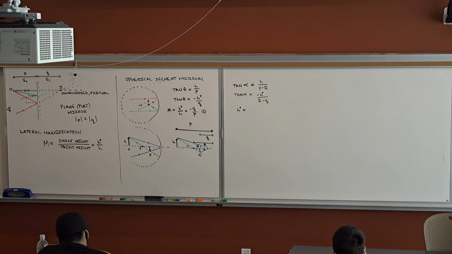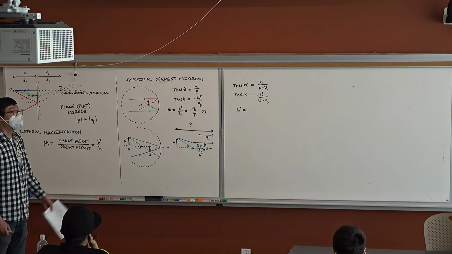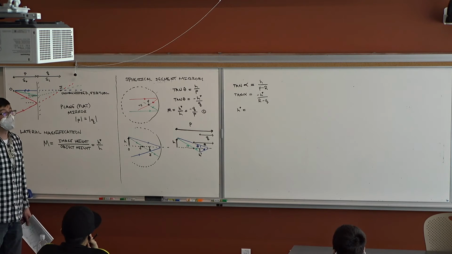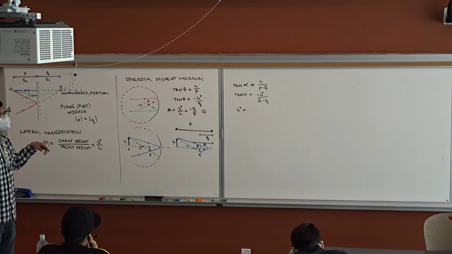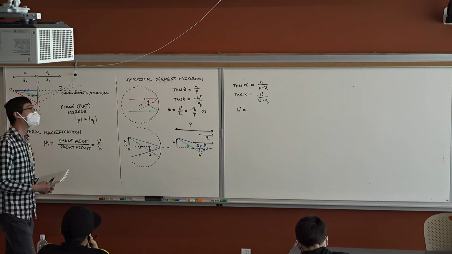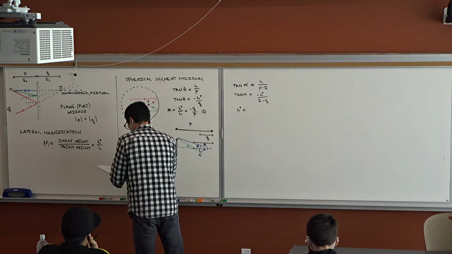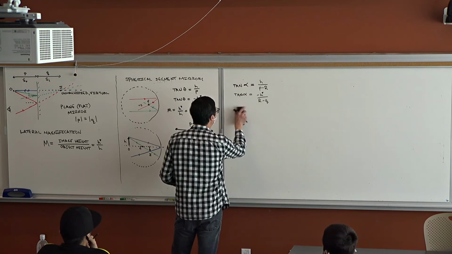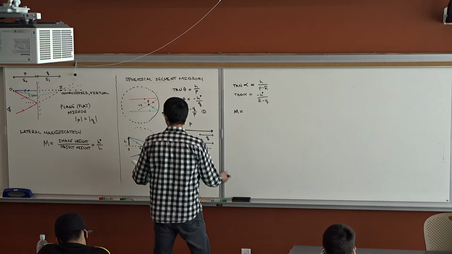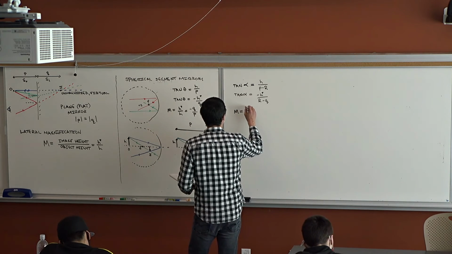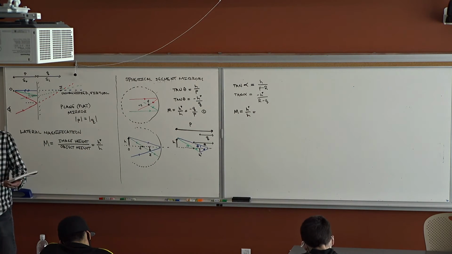I don't think that would affect your overall answer, although we want the minus sign because ultimately it's going to tell us whether the image winds up being upright or inverted. Oh, okay. I don't want to call that H prime. What was I doing there? So if we again said that M is H prime over H, what do we get this time?